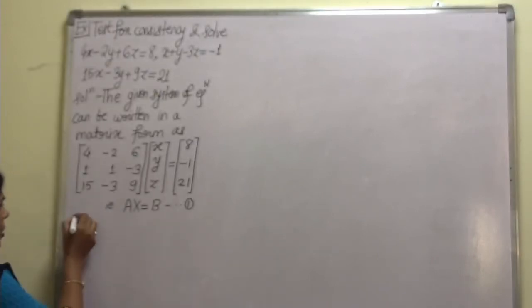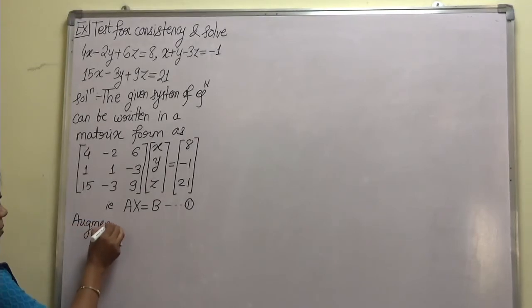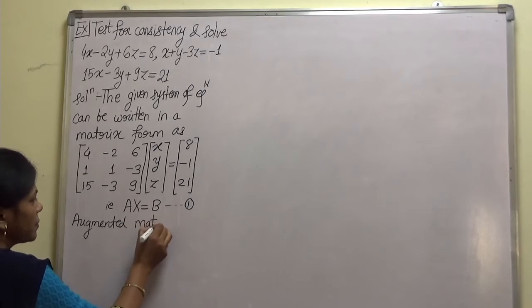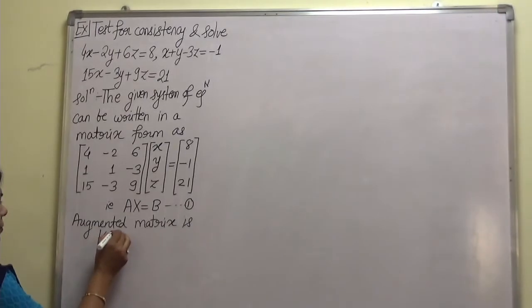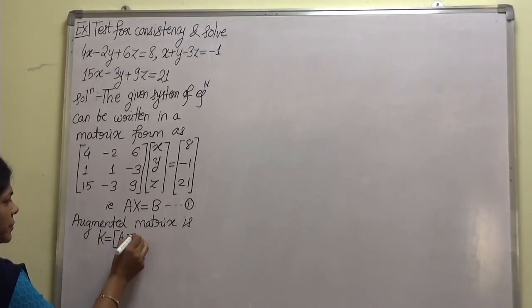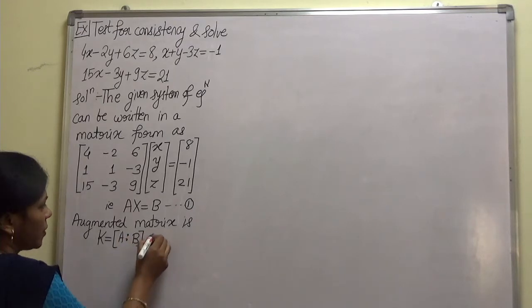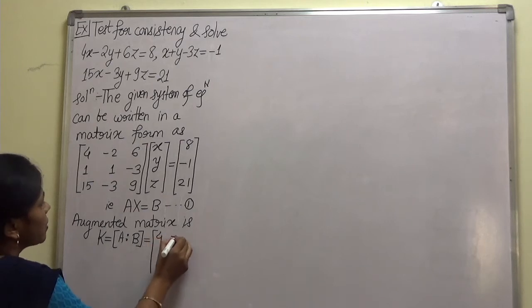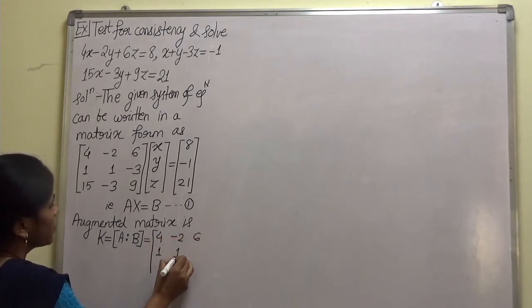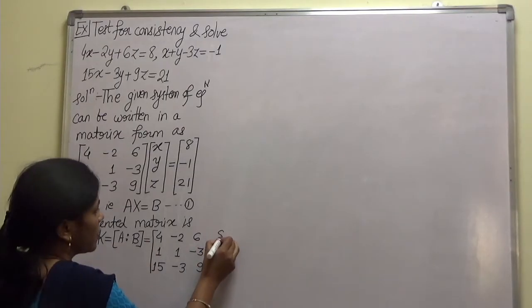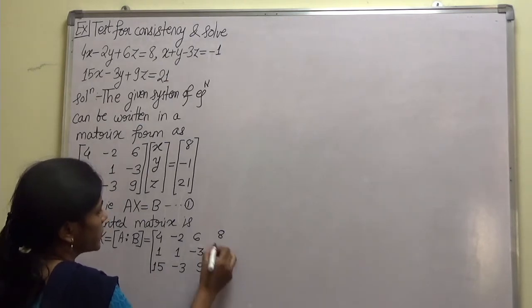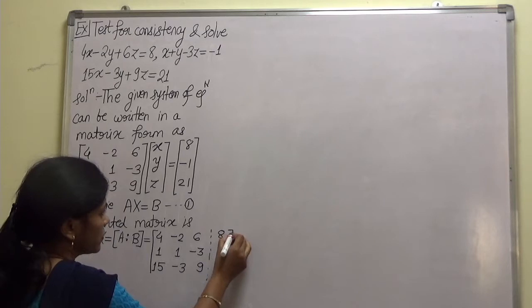For the second step, we write the augmented matrix. The augmented matrix is denoted by K, defined like this, A augmented with B. We first write matrix A, then the last column will be matrix B. So this is our augmented matrix.